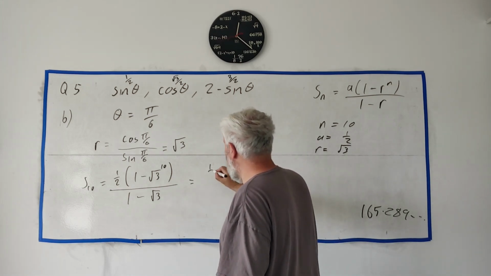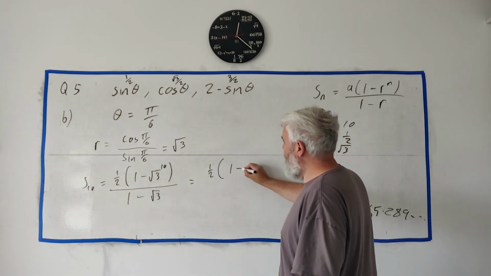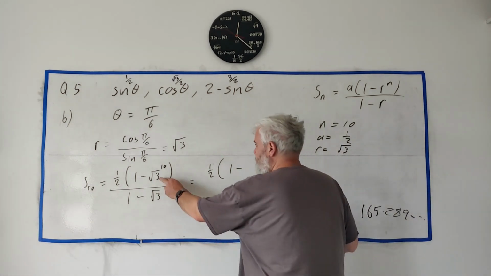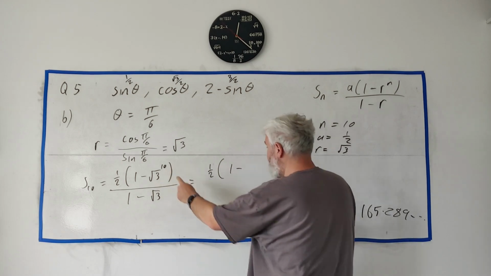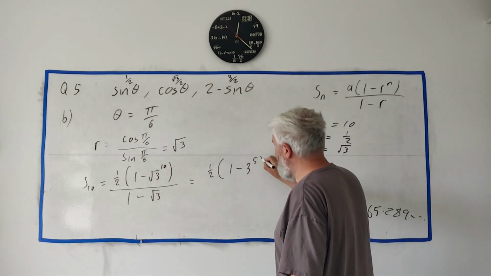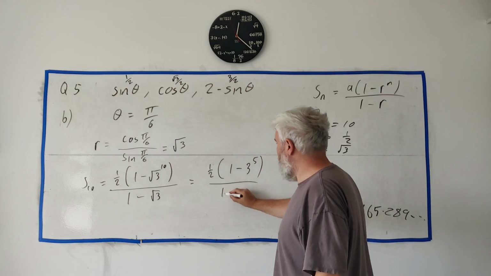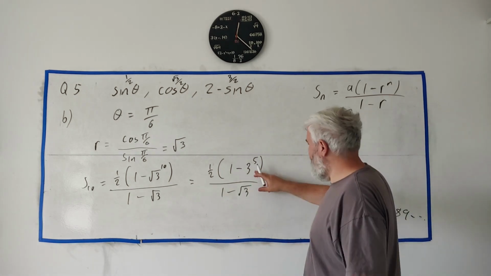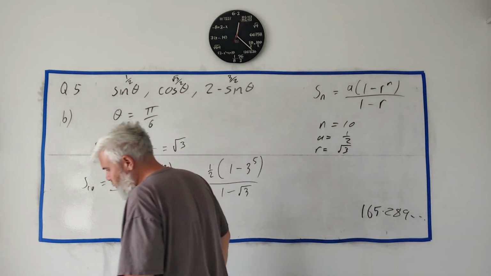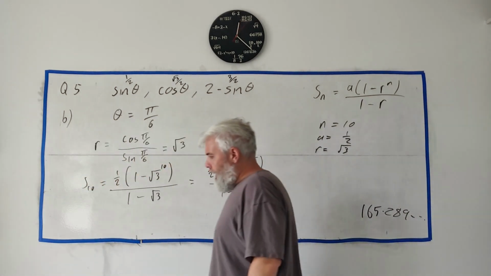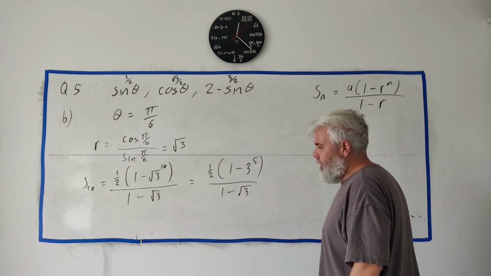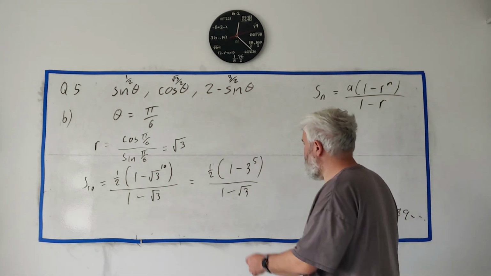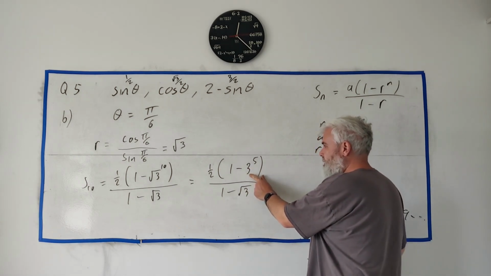That's a half multiplied by 1 minus, square root of 3 is 3 to the power of a half. 3 to the power of a half to the power of 10 is the same as 3 to the power of 5 over 1 minus square root of 3. At this point, I just put this in a calculator. It comes out to 243. Yeah, 243 is this.